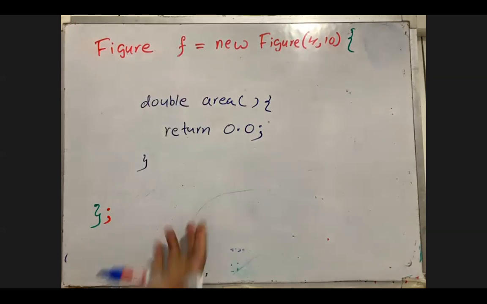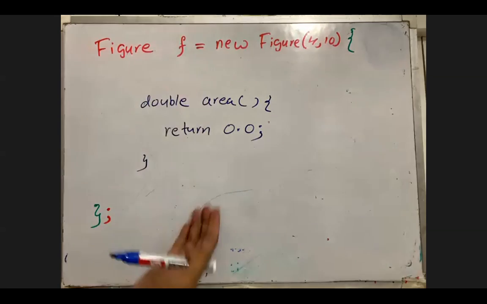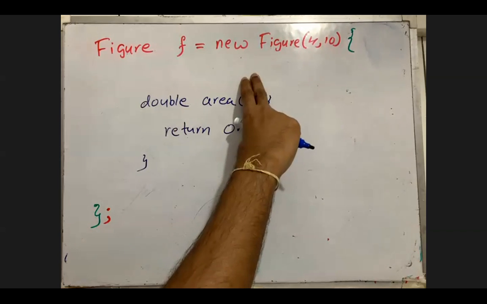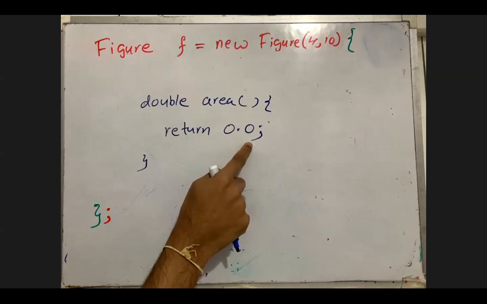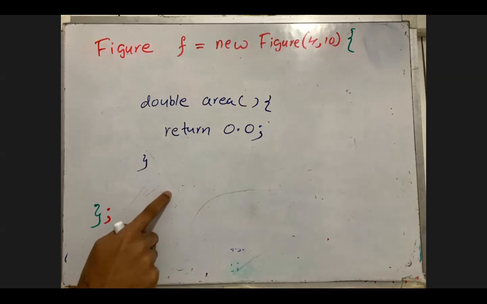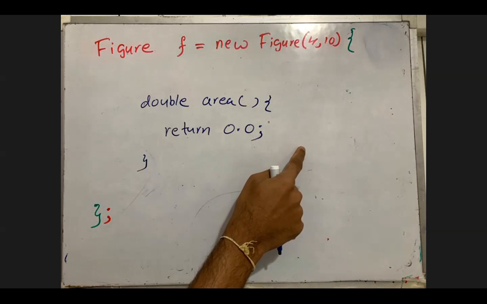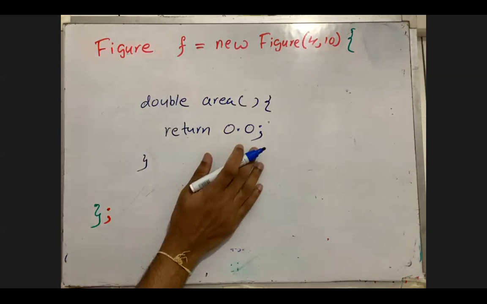This is the usual way of implementation. That means you created the rectangle and triangle, you create a subclass. You create rectangle and implement how to implement that one. Return dim1 into dim2. And the triangle returns dim1 into dim2 divided by 2. Those are implemented.